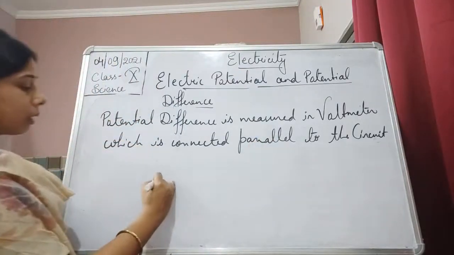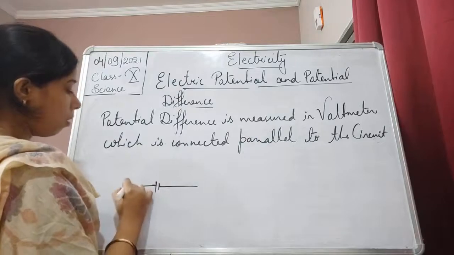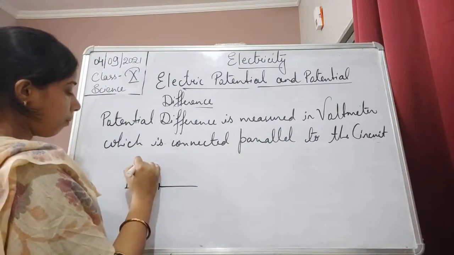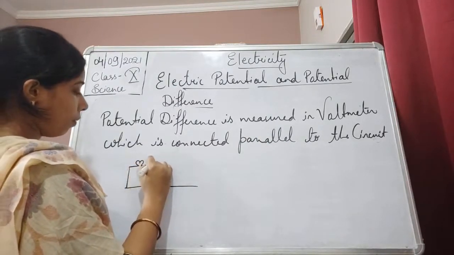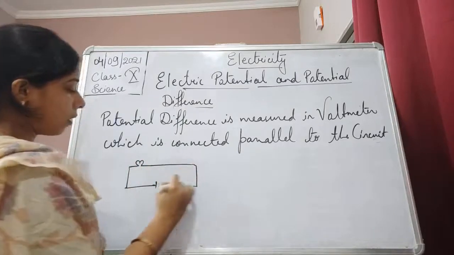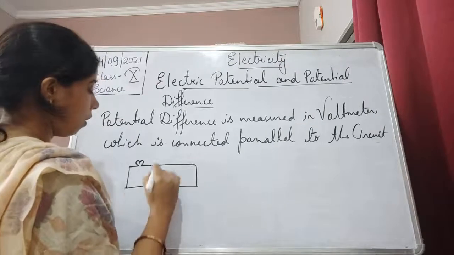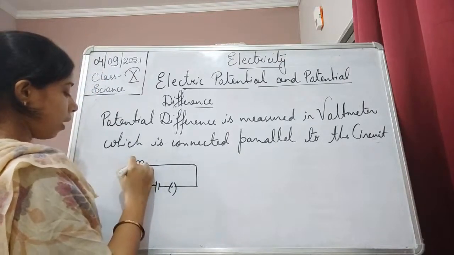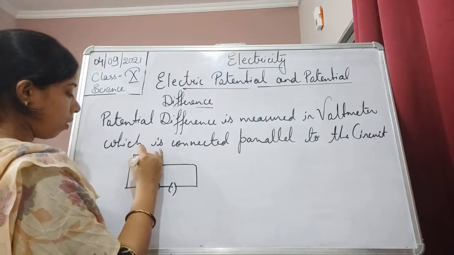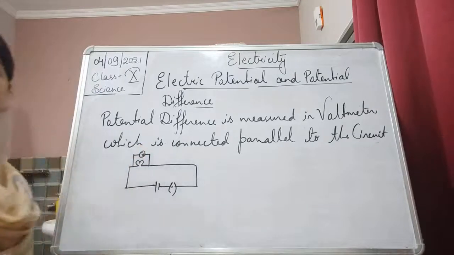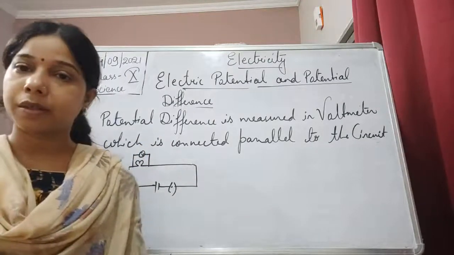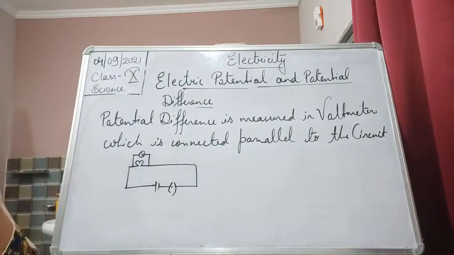Okay, so if we make the circuit here, students, the voltmeter will be connected parallel to this. This will be a key, so it will be connected parallel to the circuit. Okay, this is the parallel one.